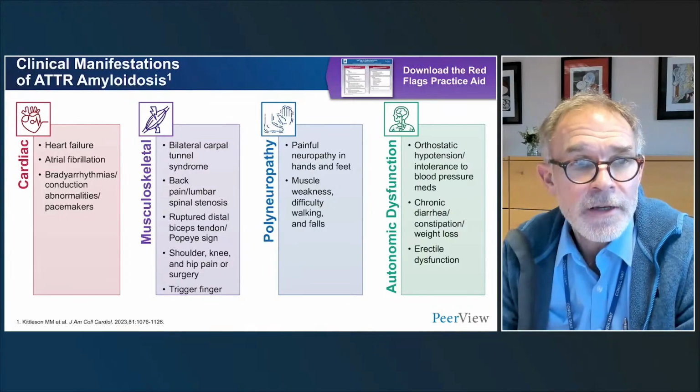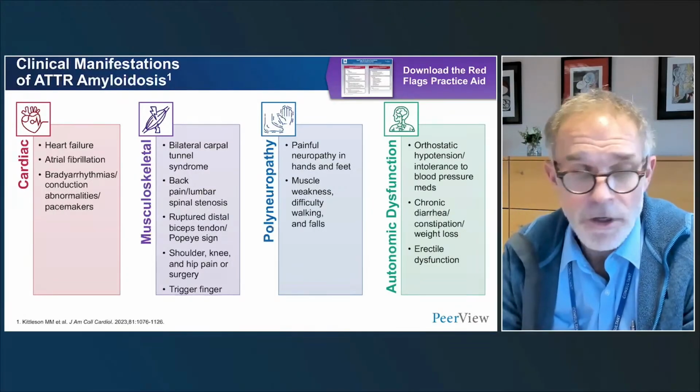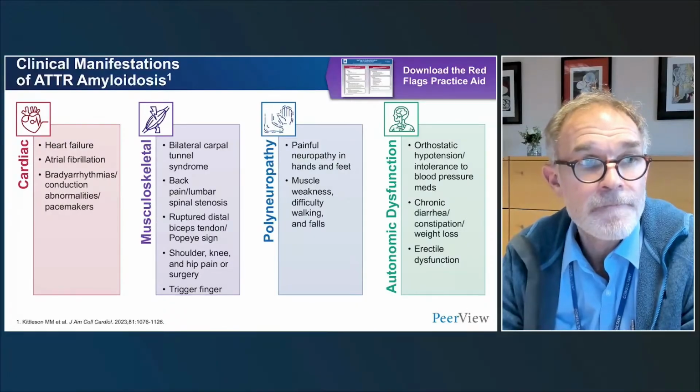And another musculoskeletal feature of the condition is trigger finger.